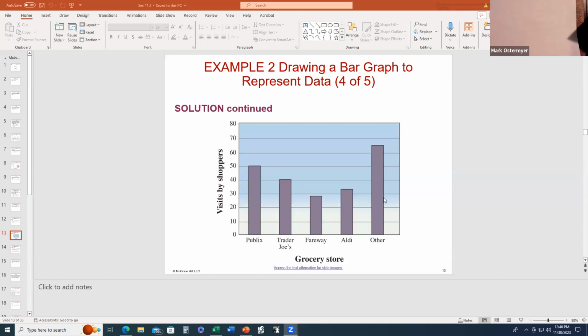And so you can see that with a bar graph, you can ascertain a lot of information very quickly. It looks like other stores were favored among these respondents. Okay, so that's called a bar graph. We've all seen bar graphs, maybe in magazines or newspapers or many other places, so it's not something that is totally foreign to us.